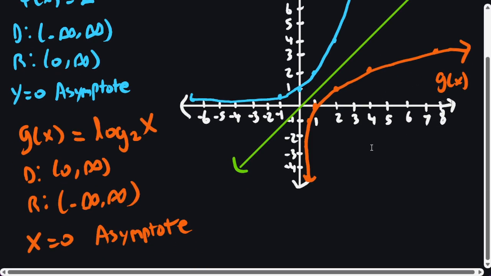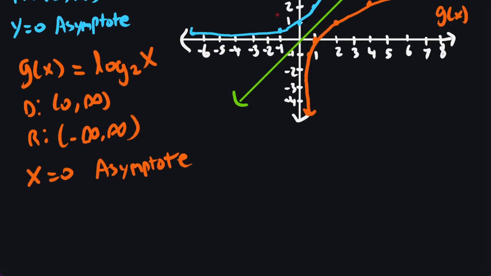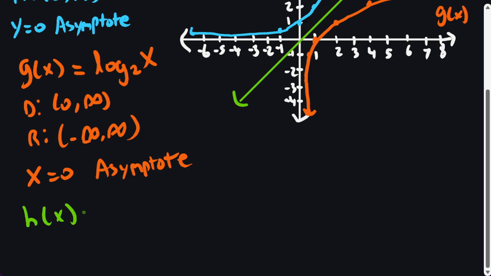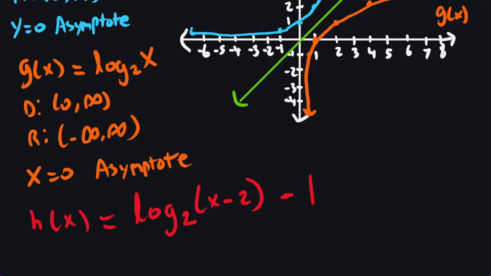And let's go ahead and just graph a logarithmic function that's been shifted a little bit. So let's call this one h of x. Let's actually choose red because we have the identity line in green, so h of x. And we're going to shift it a little bit. This will be log base 2 of x minus 2, and then minus 1.